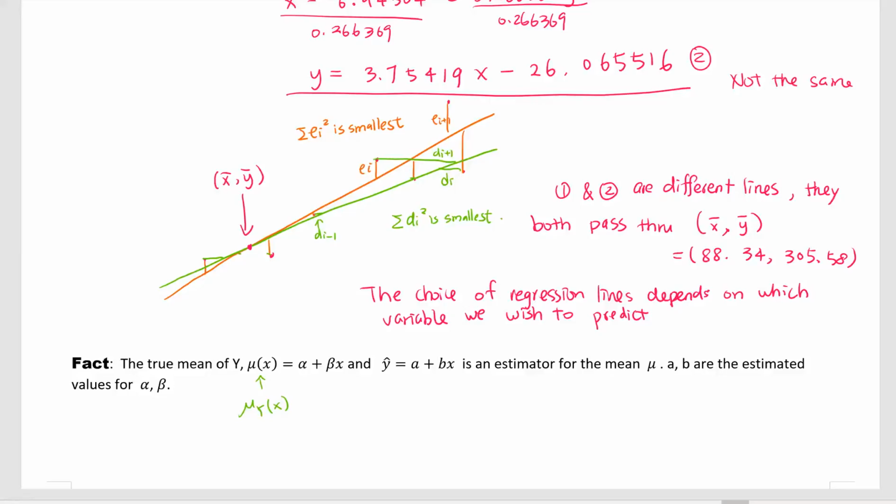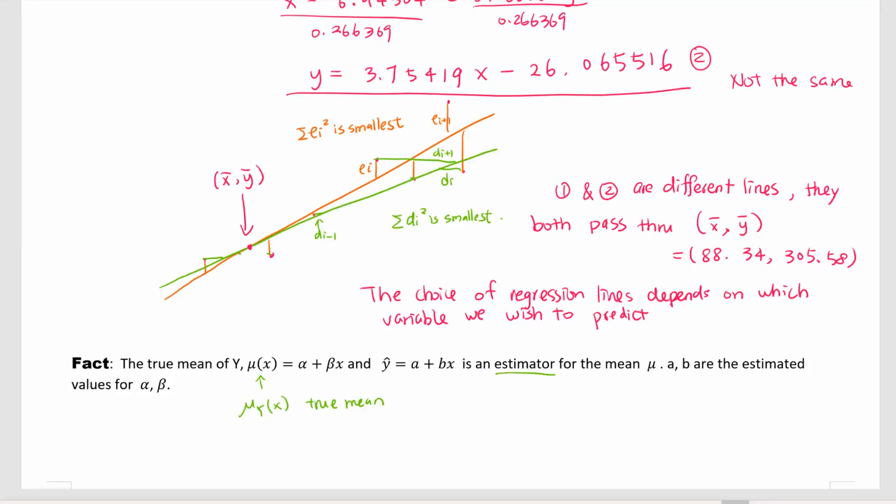So a and b are the estimated values for alpha and beta. The regression line we calculated is the estimator for the true mean. Okay, so this is the notation.